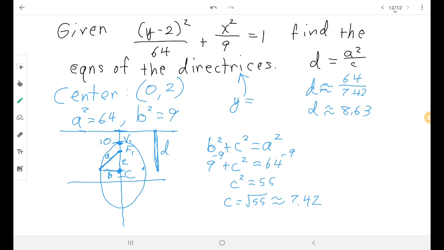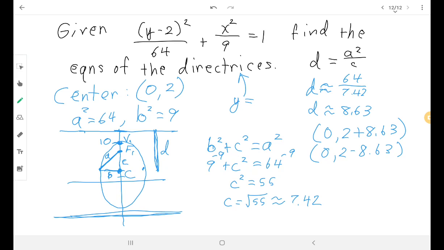So if I start at 0, 2, and I move in the positive y direction, it's going to be 2 plus 8.63, which is 10.63. And that's not going to be the line, but that's going to be the point. And then 2 minus 8.63 is if I move in the negative direction down to that line right there. So these give me the y's.